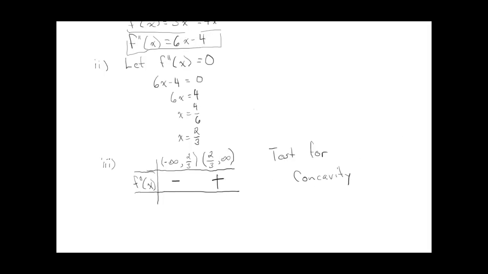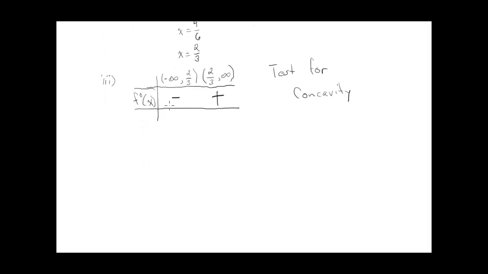From what we talked about before with concavity, if the second derivative is negative, that means the function is concave down. And if the second derivative is positive, then you are concave up.